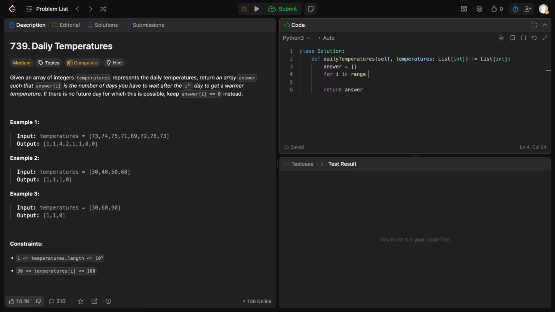For i in range 0, length of temperatures. For j in range, length of temperatures. Well, actually, you'd want to start from i plus 1.